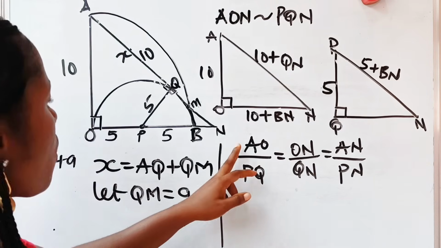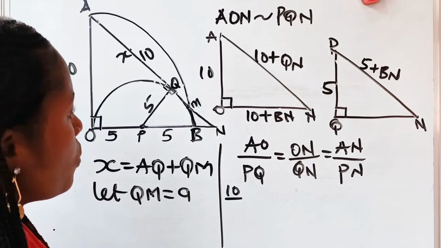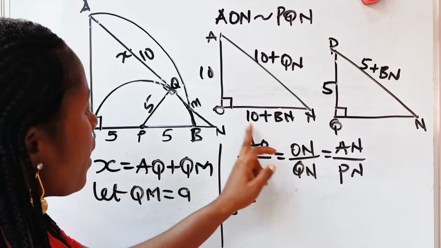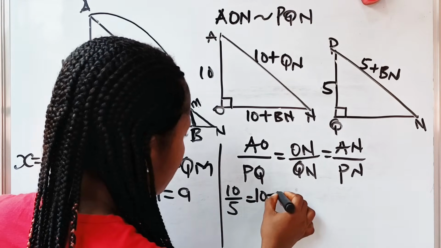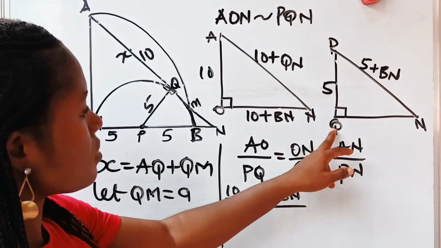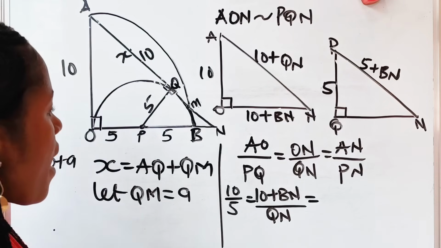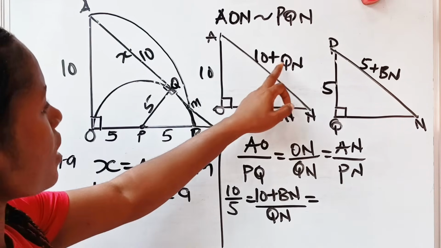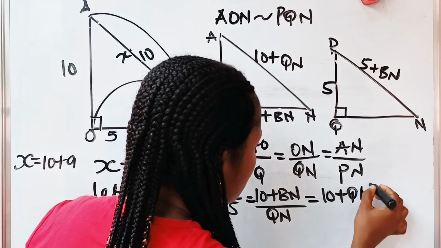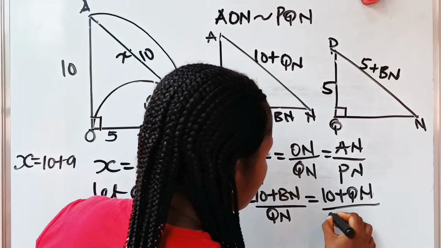Amazing. Now it's time to do our substitution. Our AO is 10. So we have 10 divided by PQ, which is 5, is equal to ON, which is 10 plus BN, divided by QN, which is unknown, is equal to AN, which is 10 plus QN, divided by PN, which is 5 plus BN.